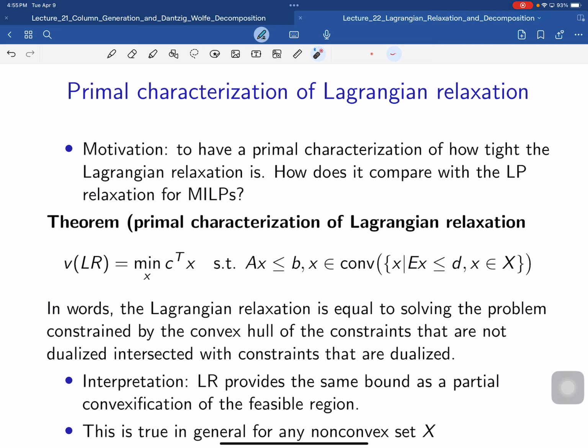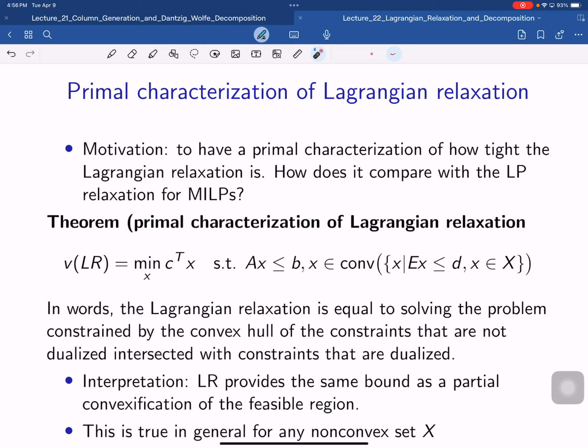For example, you know the Lagrangian relaxation is a lower bound, but how does it compare with other relaxations, like the linear programming relaxation? For a MIP problem, solving the linear programming relaxation is very easy, but solving the Lagrangian relaxation, as you can imagine, is very hard, since you are trying to find the optimal dual.